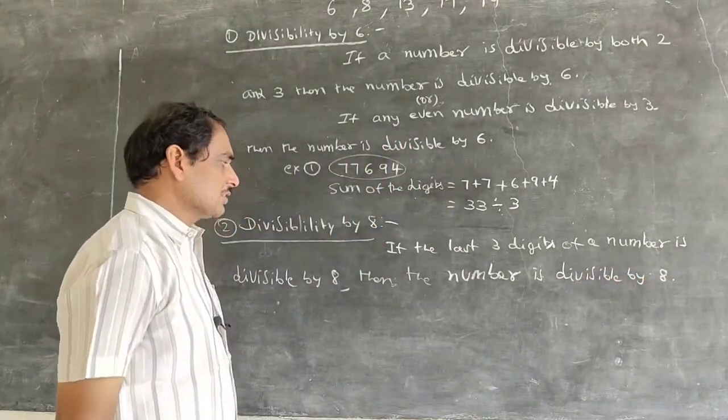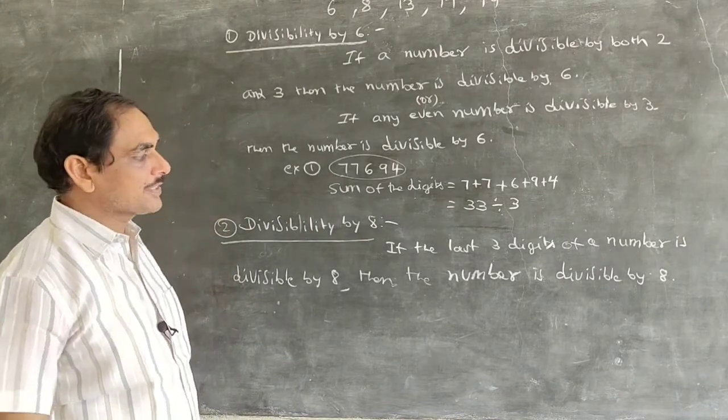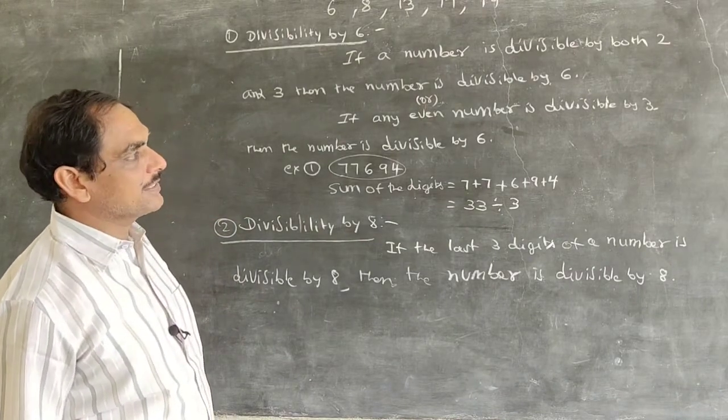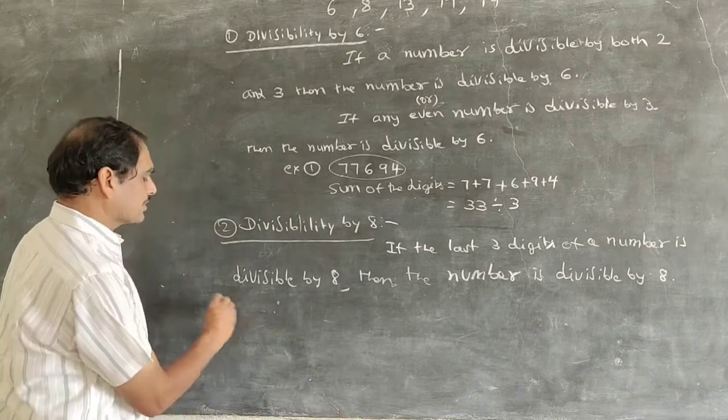So when the last 3 digits of a number are divisible by 8, then the number is divisible by 8. Let us take the first example.